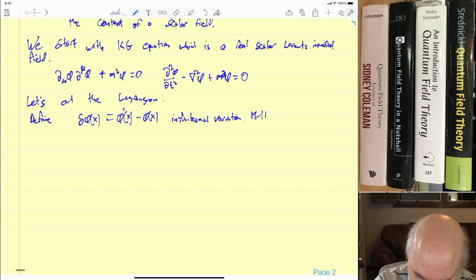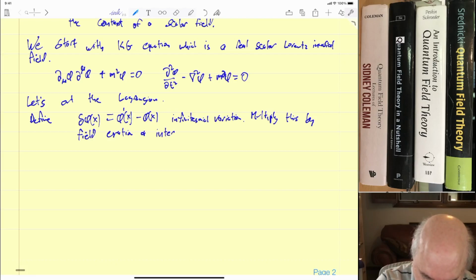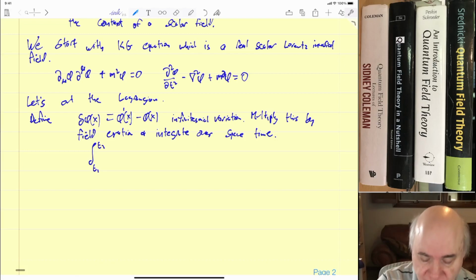Multiply this by the field equation and integrate over space-time. Whenever we do this, we always have finite integrations for time, but we integrate over all space. Some people just neglect to even say that, but it's not really that important.